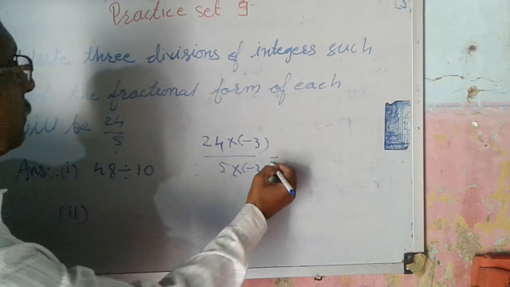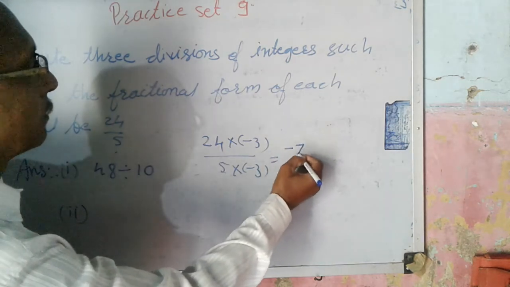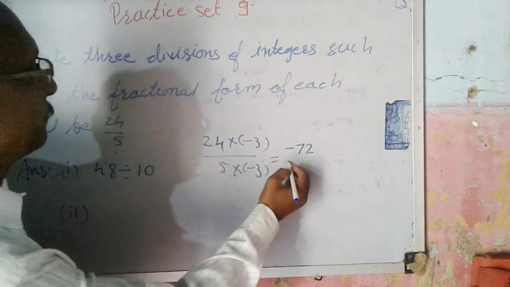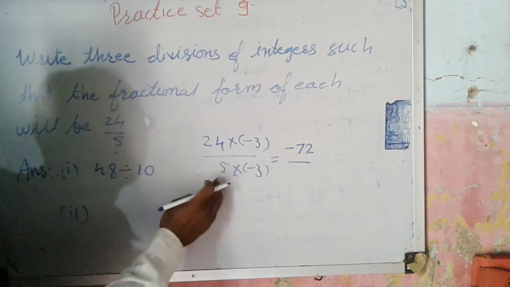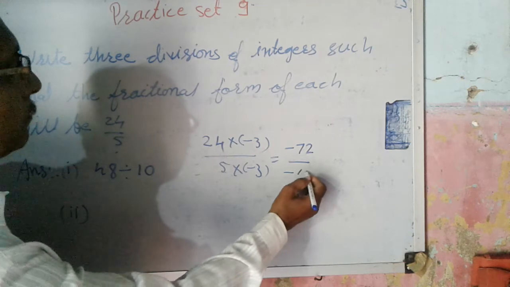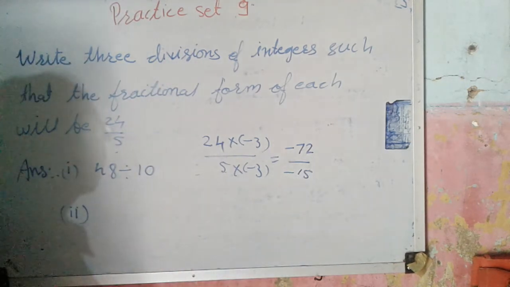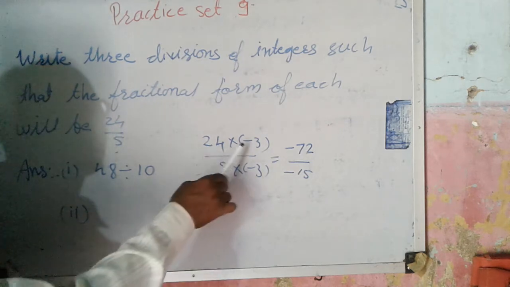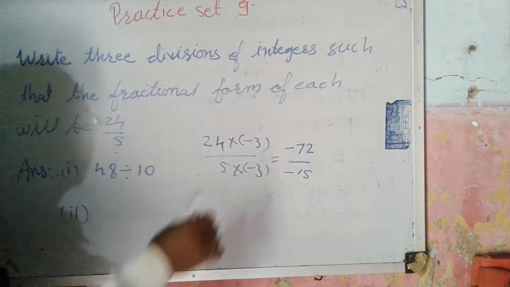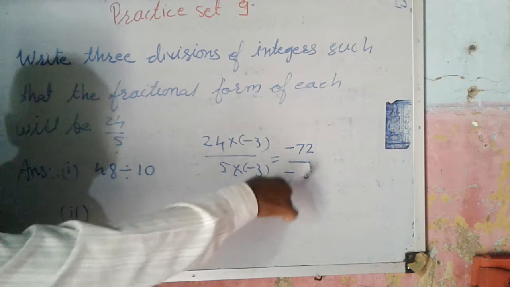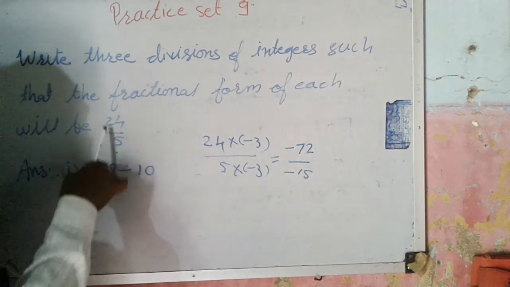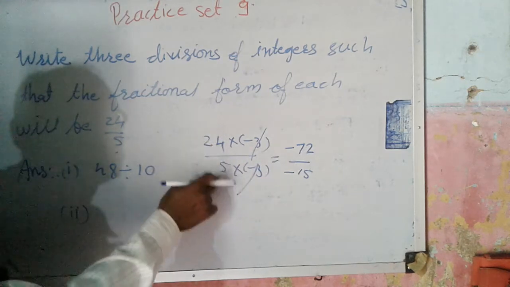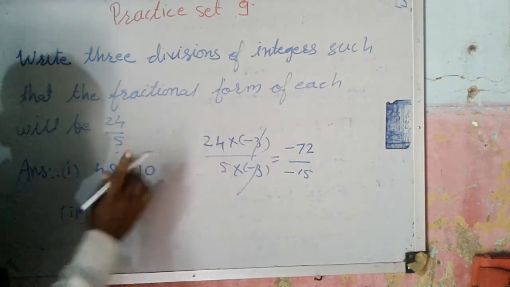So here we get minus 72 upon minus 50. 5 into minus 3 is minus 15, and 24 into minus 3 is minus 72. So this pair, if you divide this, the quotient will be 24/5. That means this gets cancelled, then we will get 24/5.